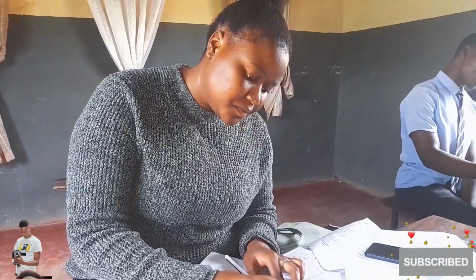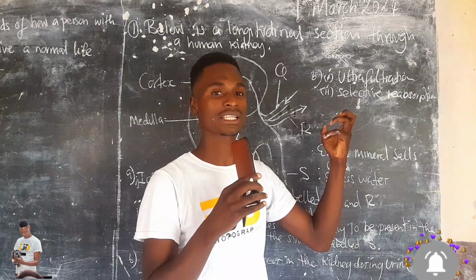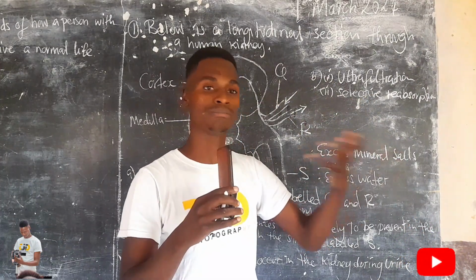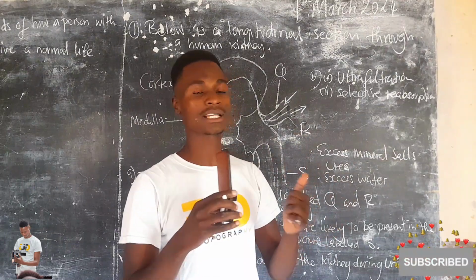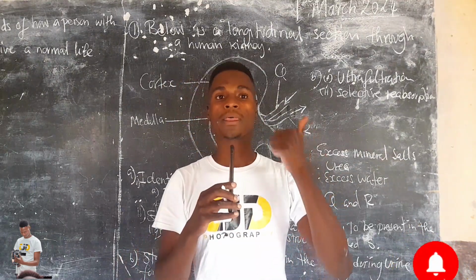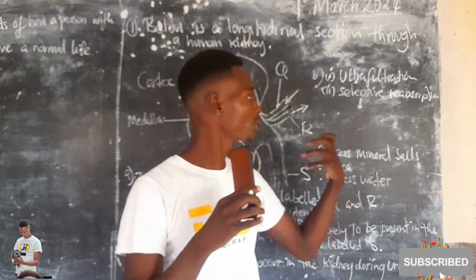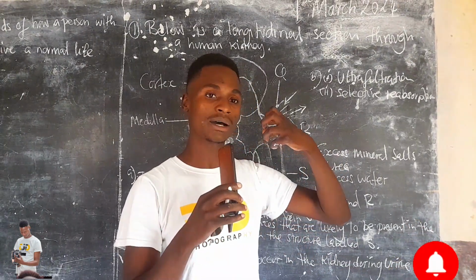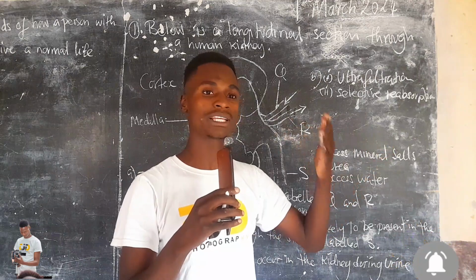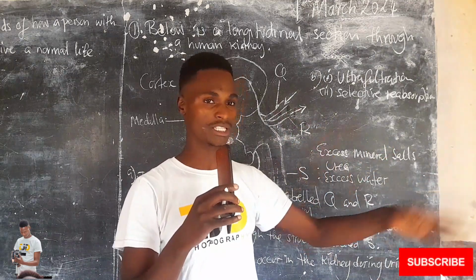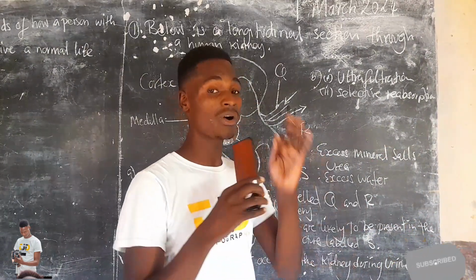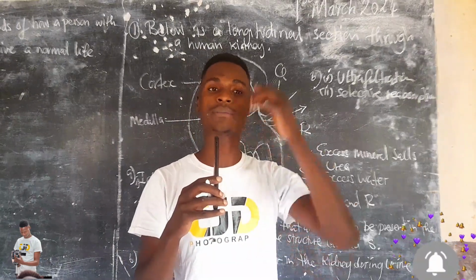Selective reabsorption is when useful substances are reabsorbed back to the bloodstream, such as glucose, and water, not all the water, but excess water. If water is still in excess, it is removed as part of urine. But all glucose is reabsorbed.